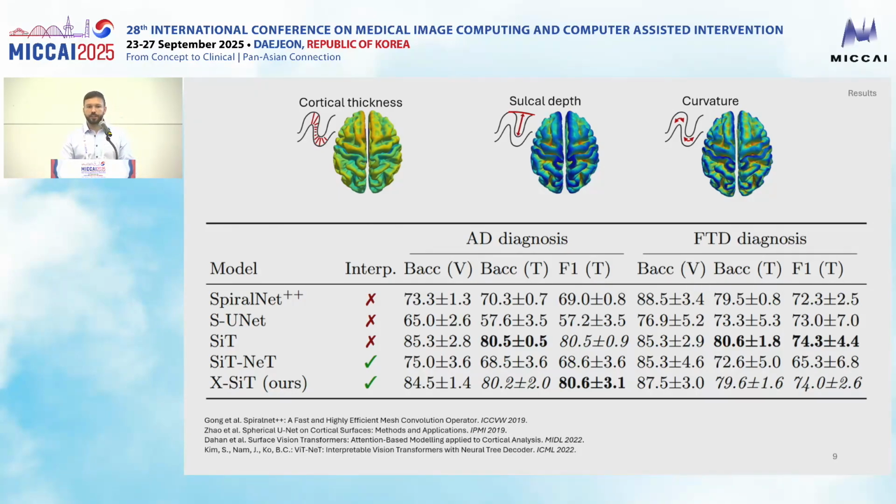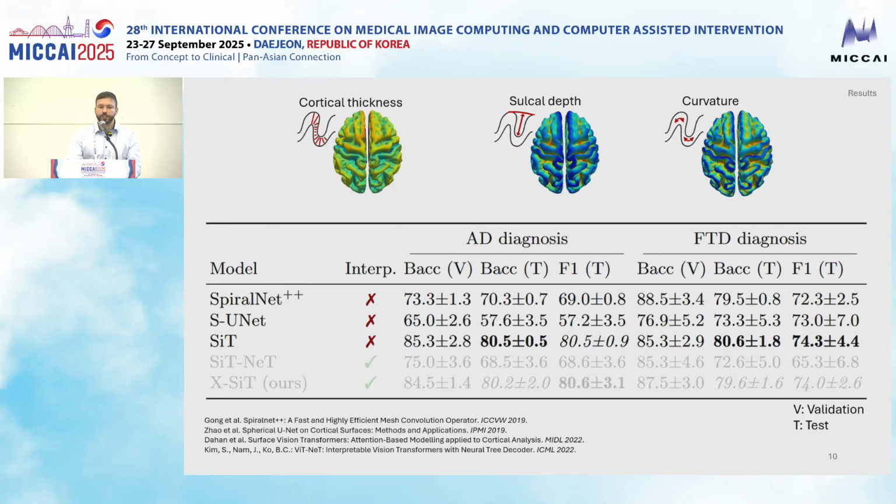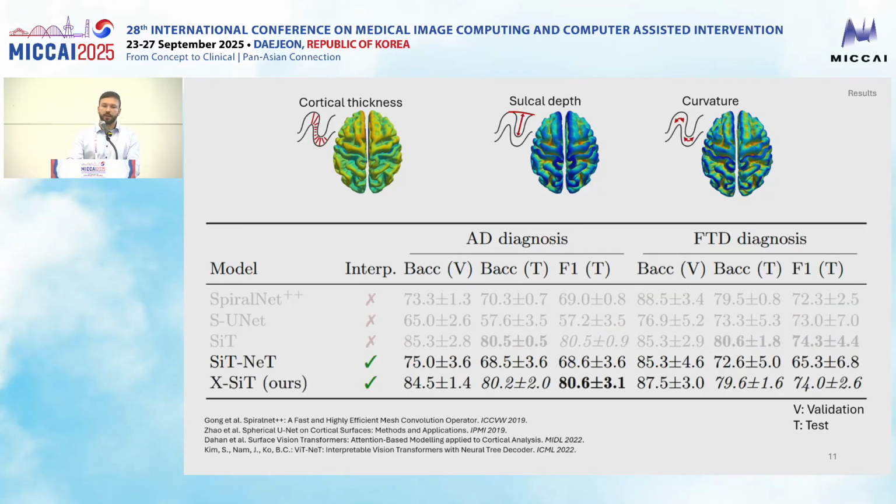Now, if we look at the quantitative results, we find that the original surface vision transformer yields the highest accuracy with around 80% balanced accuracy on the test set for both tasks. But if we look at the interpretable methods, our approach clearly outperforms the neural tree decoder, and we obtain a balanced accuracy on the test set that is almost on par with the original SiT model. So we almost pay no price for the interpretability.